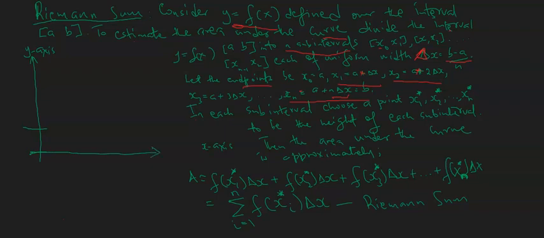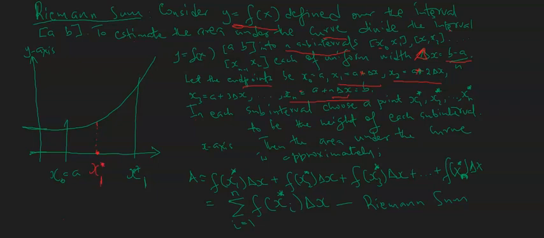So if we magnify, if this is x0, which is the same as a, then the next endpoint is x1, then we are choosing any point between these two endpoints, which we are calling x star 1.